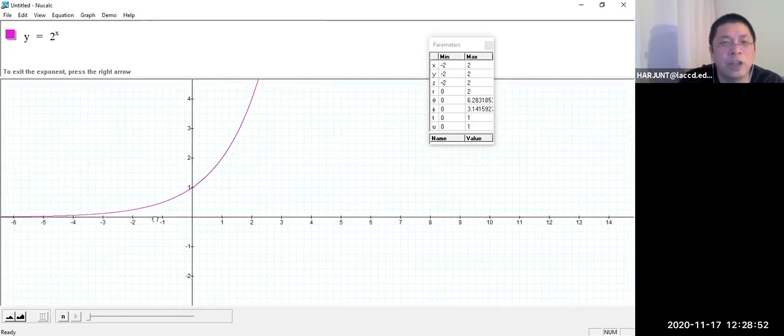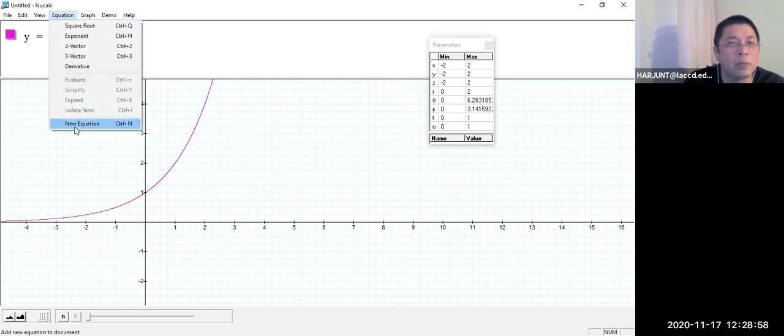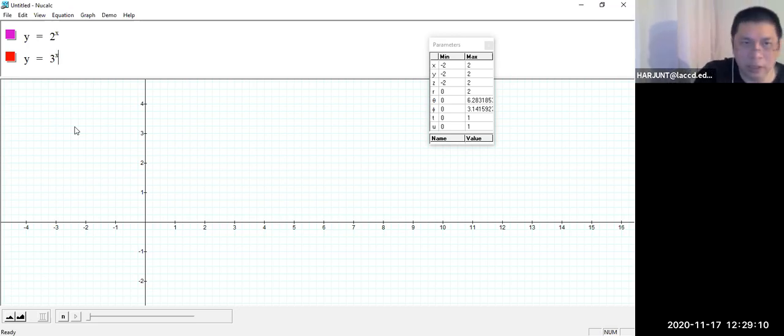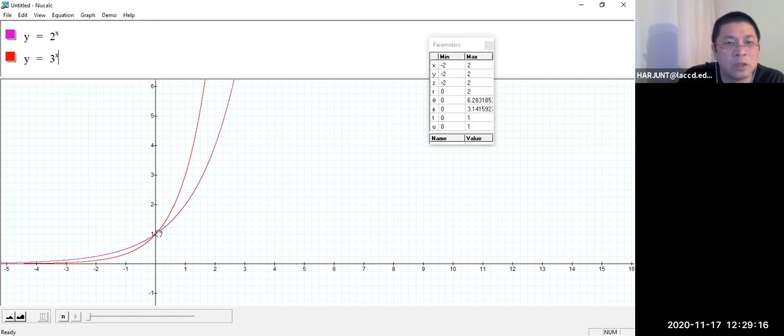Now let me change base 2 to base 3. What happens if we have base 3? Because the base is 3, when we move 1 unit to the right, we multiply the previous value by 3 instead of by 2. The red one is the graph for 3 to the x.